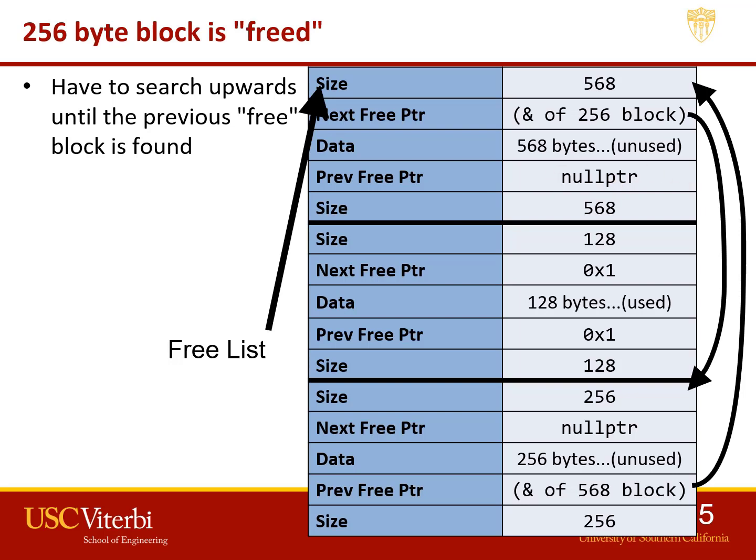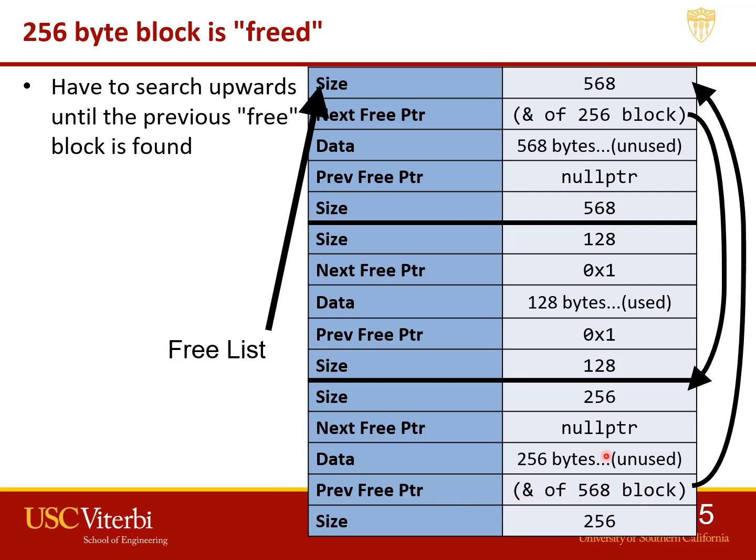So now we have a linked list. If we see what we've got here, starting from the top, the first available block is this 568 block. The next one is this 256 byte block. And then the next one after that is null, saying that's the end of the chain. And we can then point backwards, and maybe we'll have a tail pointer on here too. We can go backwards.